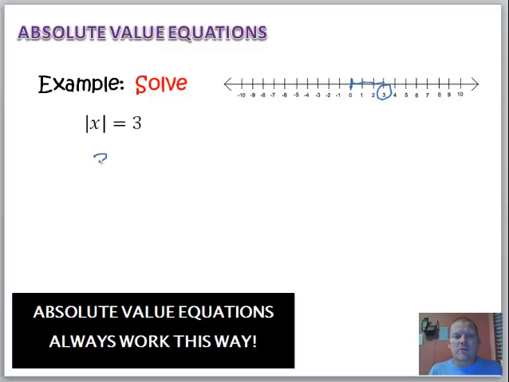But we also have another value that's 3 units from 0 to the left: 1, 2, and 3. So it could also be -3. So we have two answers. The absolute value of 3 gives me 3, and the absolute value of -3 also gives me 3. Absolute value equations always work this way, where you end up with two answers.